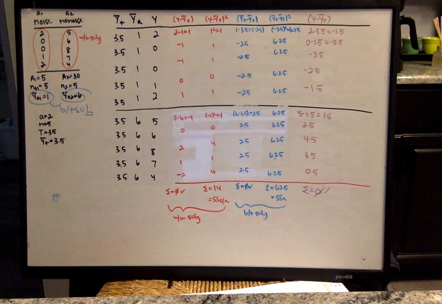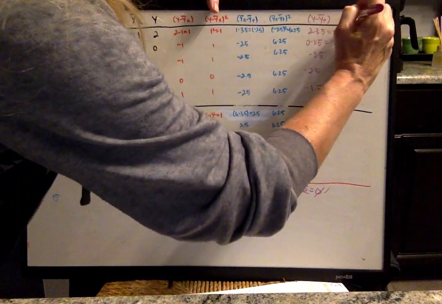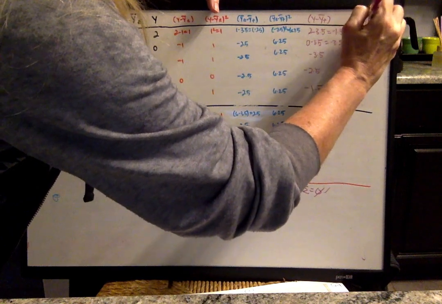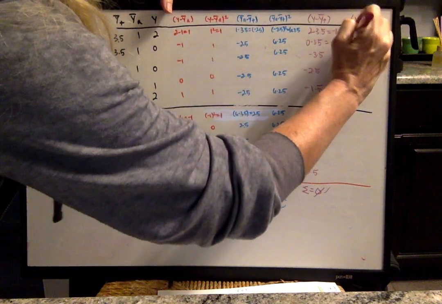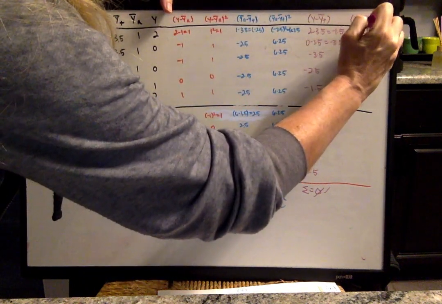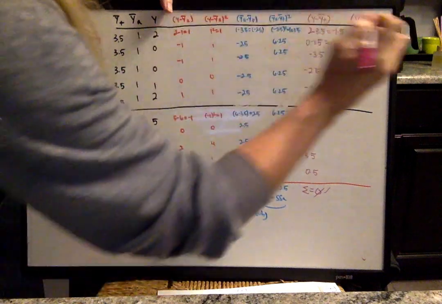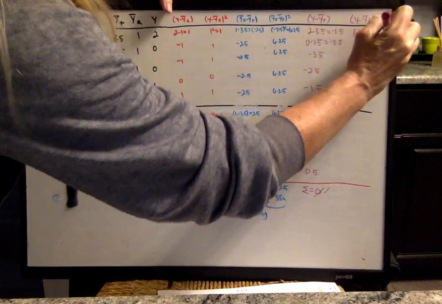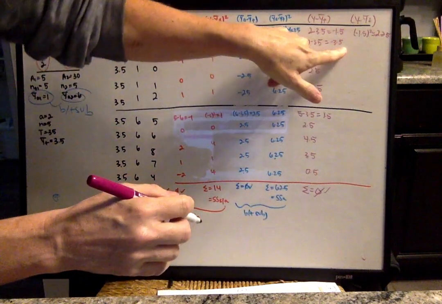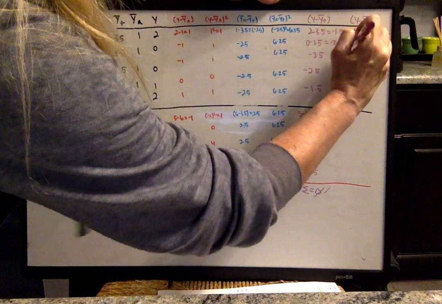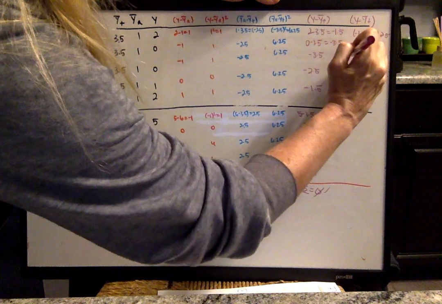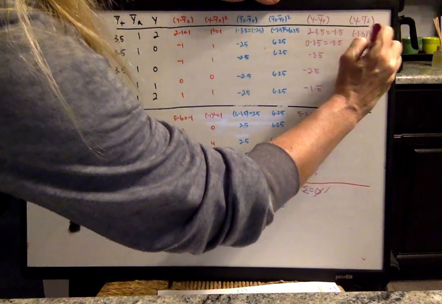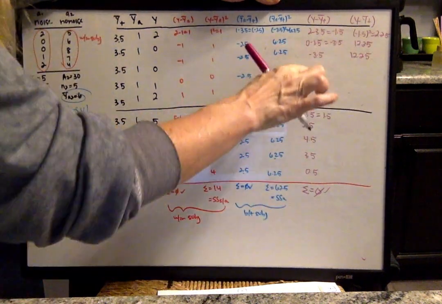And then last but not least, we are going to square those deviations. Negative 1.5 squared is 2.25. Negative 3.5 squared is 12.25. Again, we have a 12.25.